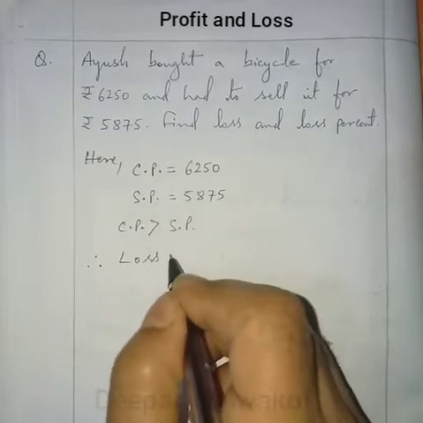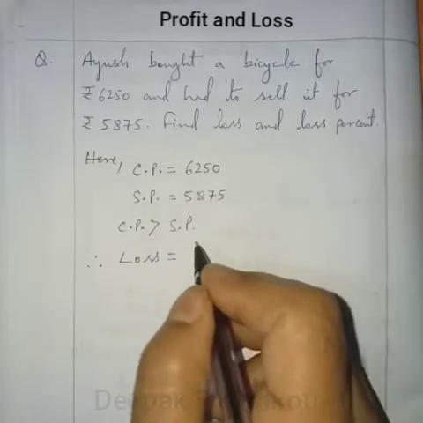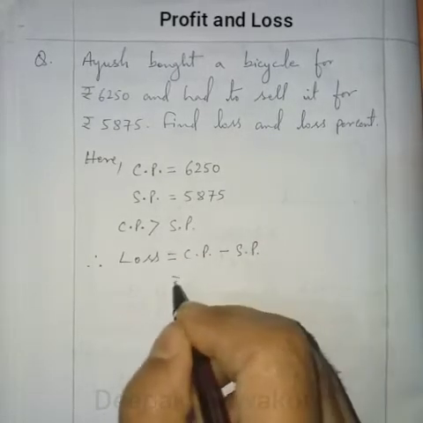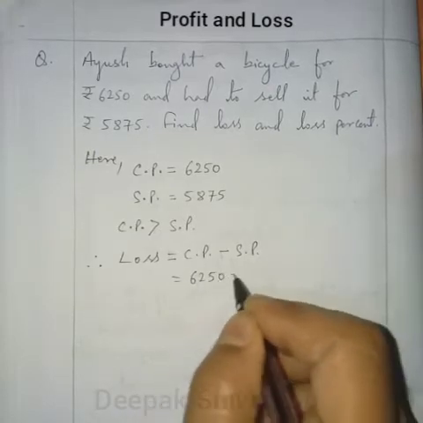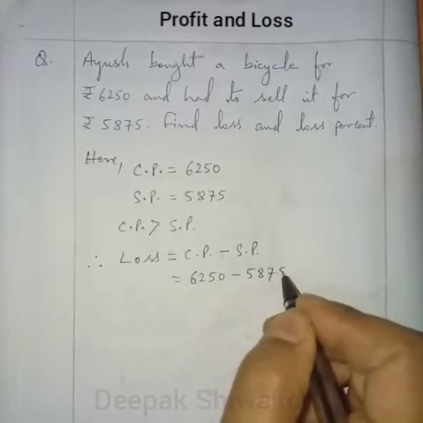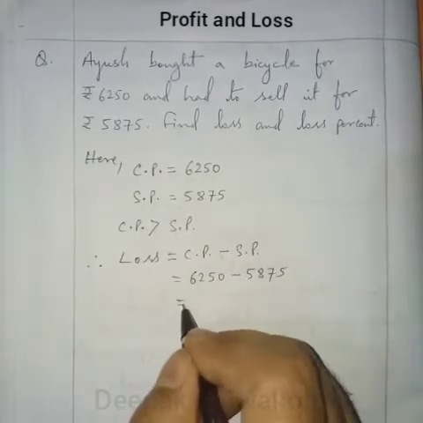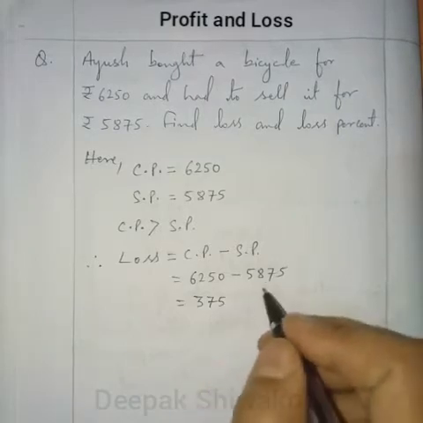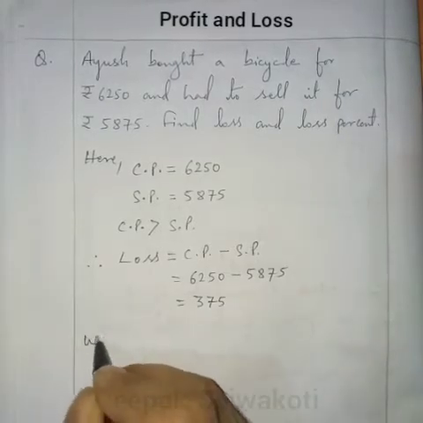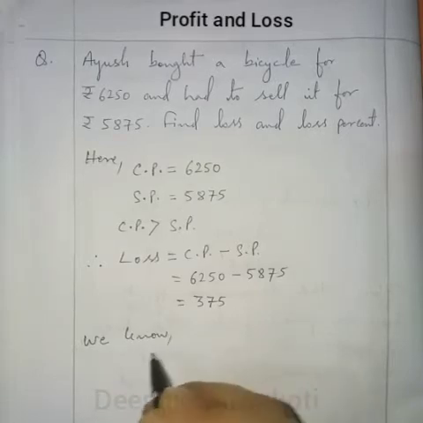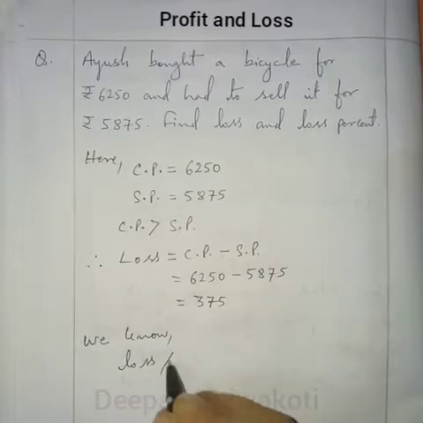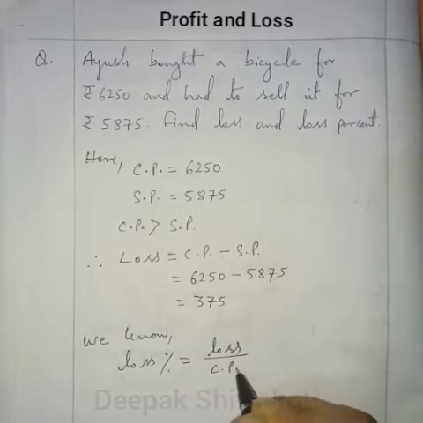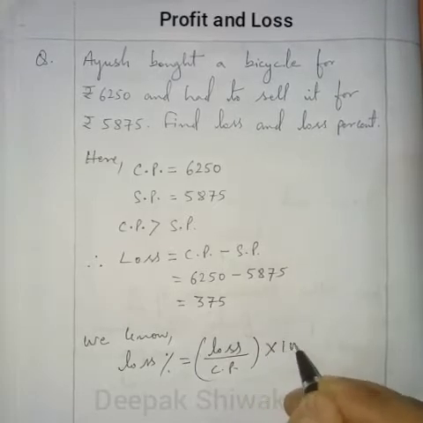Therefore loss is equals to what? CP minus SP. CP is 6,250 and SP is 5,875. So we'll subtract it and we'll get 375 after subtraction. So now after this, we know the formula of loss percent. Loss percent is equals to loss by cost price into 100%.